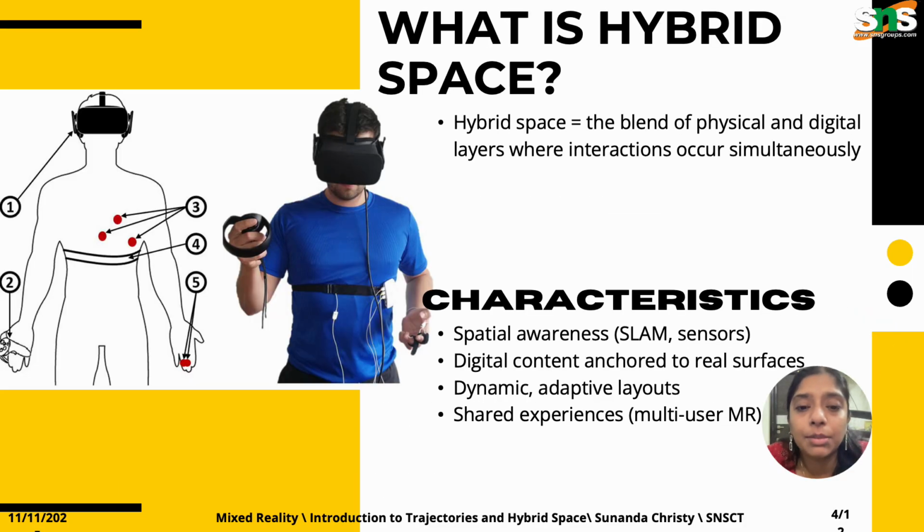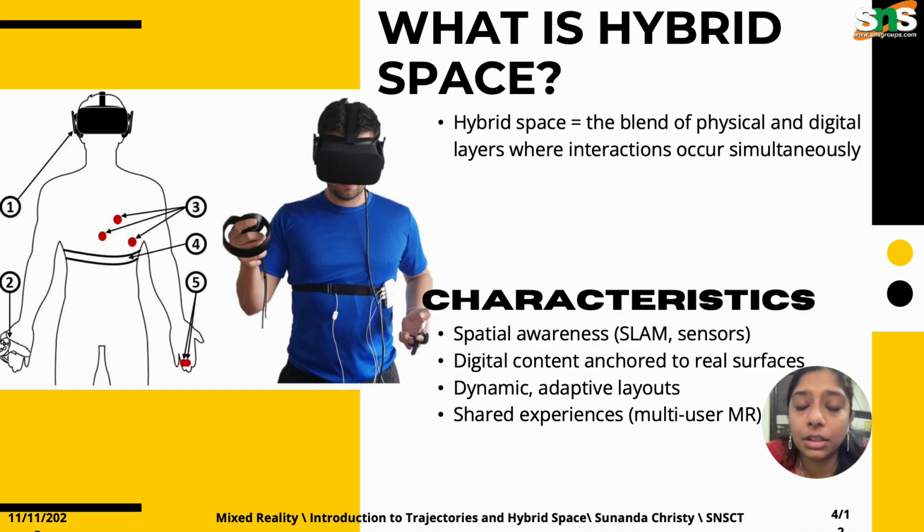So what is a hybrid space? See, in this diagram we have a few sensors kept, so that we are able to sense it and find out the distance of how each and every thing has been moving. So a hybrid space is the blend of physical and digital layers where interaction occurs simultaneously.